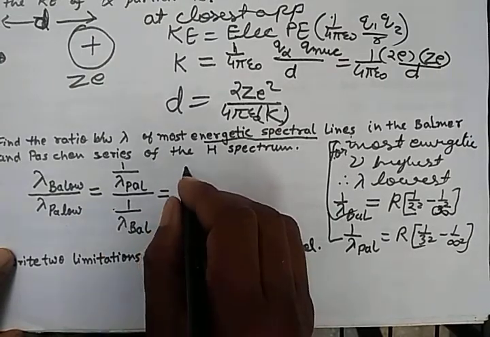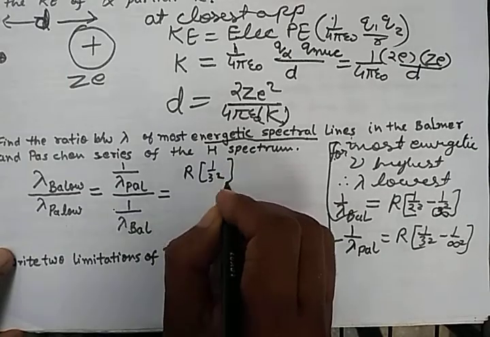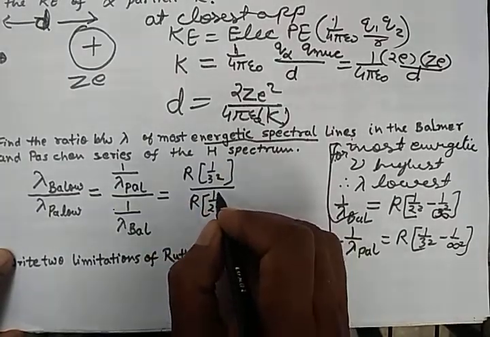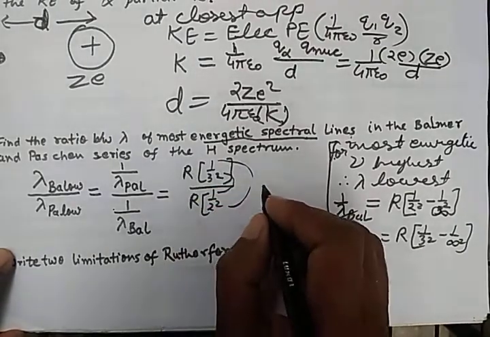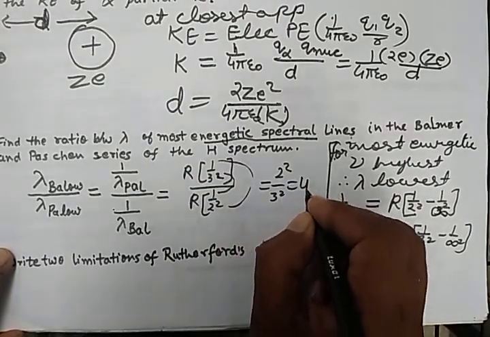So now it is R 1 by 3 square upon R 1 by 2 square. Means extreme. R will get cancelled. So it is 2 square by 3 square, that is 4 is to 9.